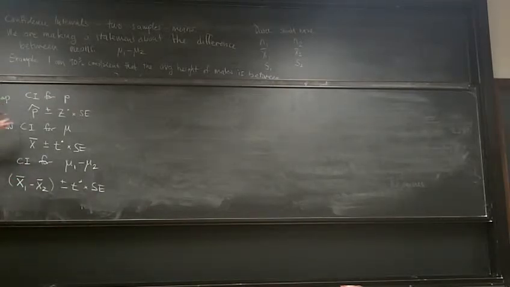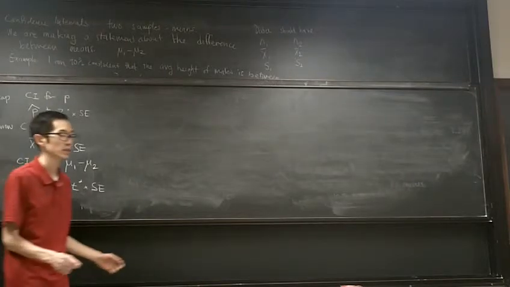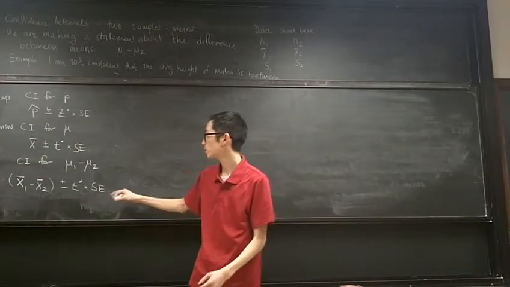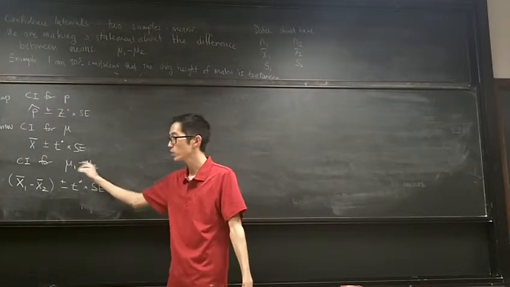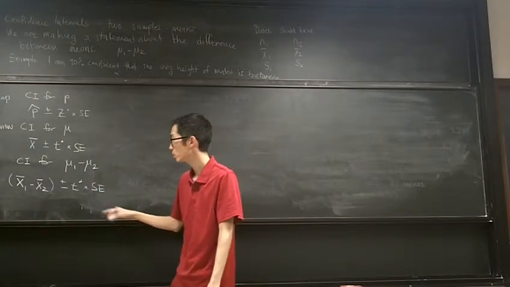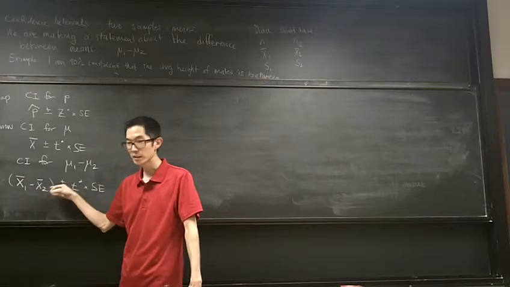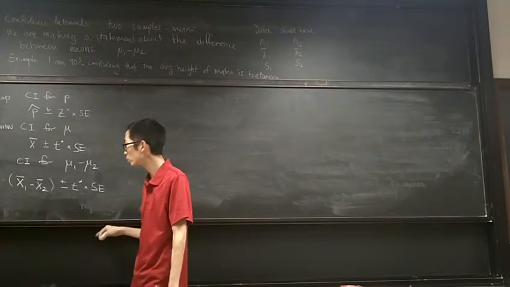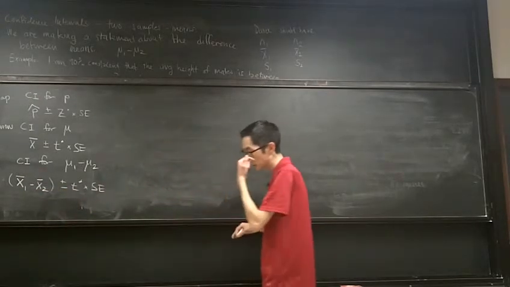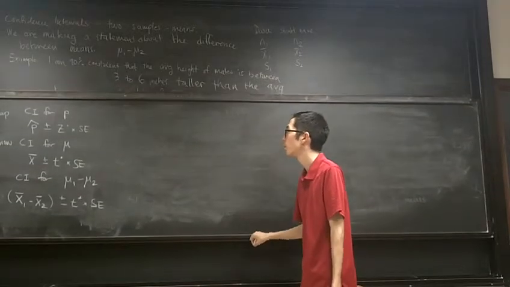So they're all similar. There's very much a parallelism between all of these. So the confidence interval for the difference between means, mu1 minus mu2, has as its center X bar 1 minus X bar 2, plus or minus T star times standard error.